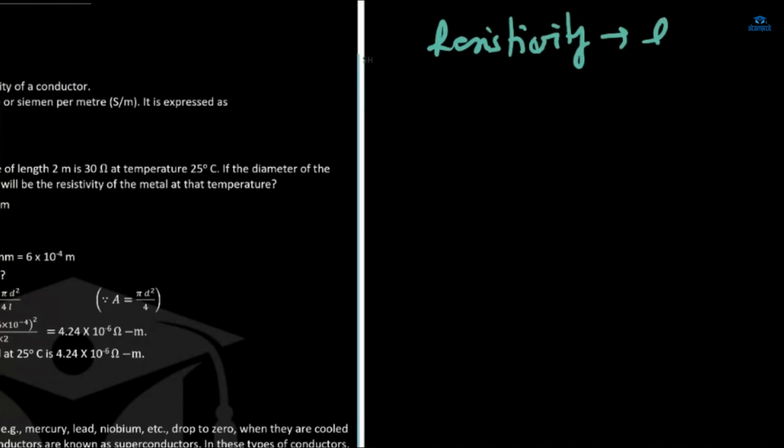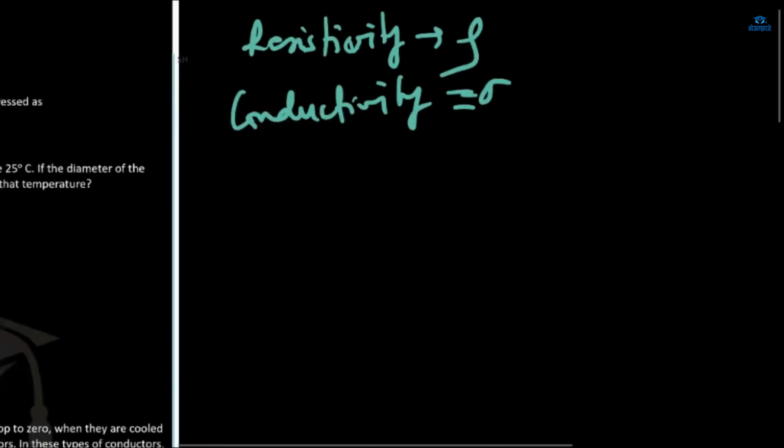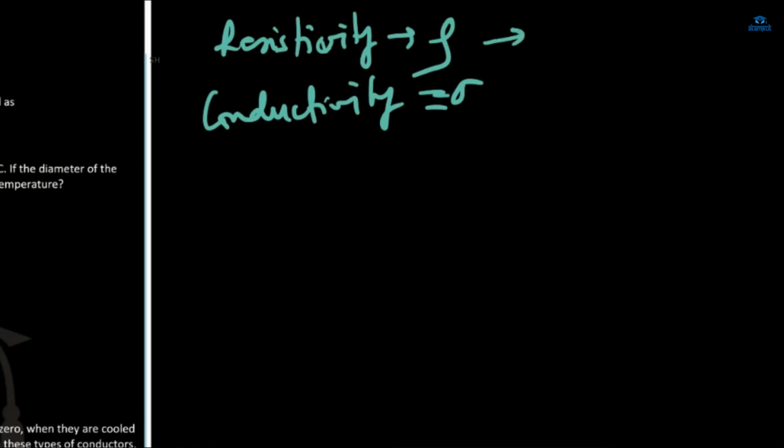Resistivity is represented by rho, so conductivity is represented by sigma. And the SI unit of resistivity is what?